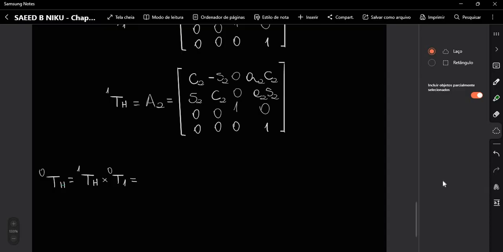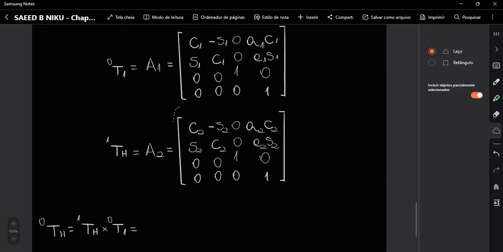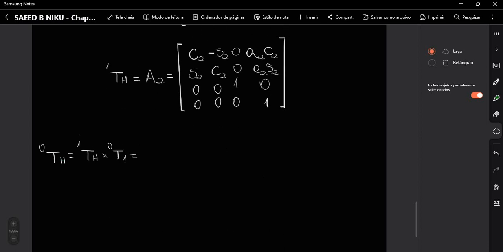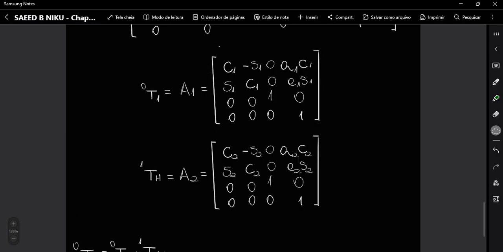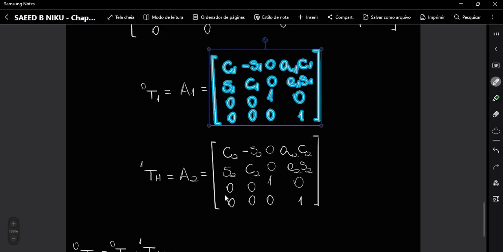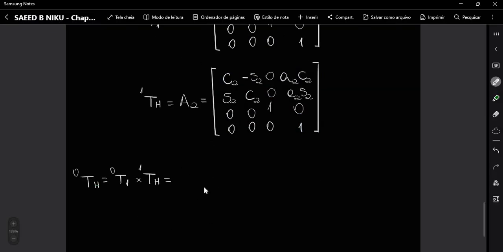So let me change this order because the order of the multiplication of the transformation matters and affects the final result. And here we can also write that A1 times A2.